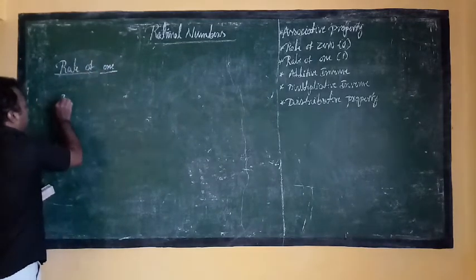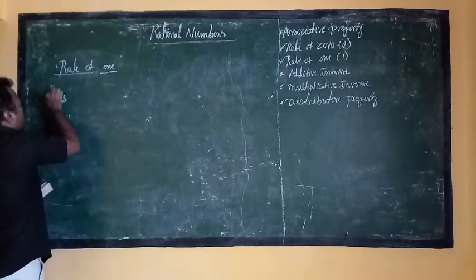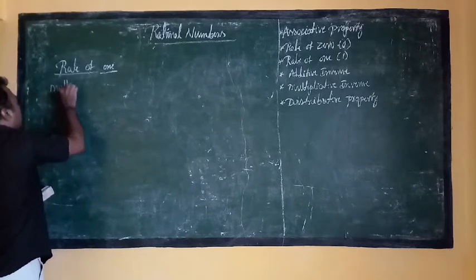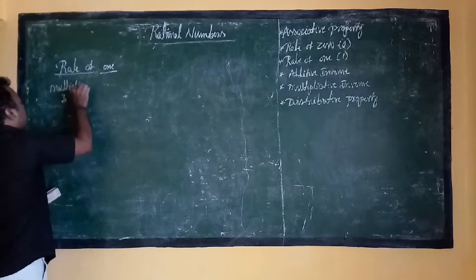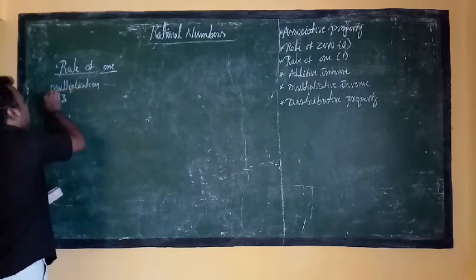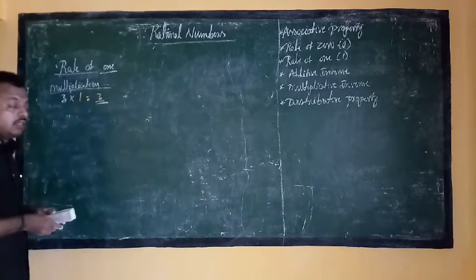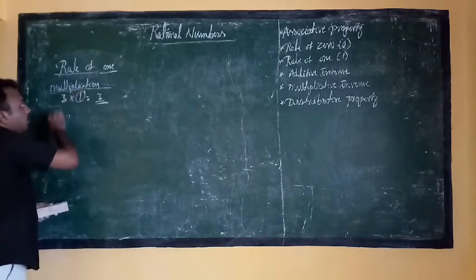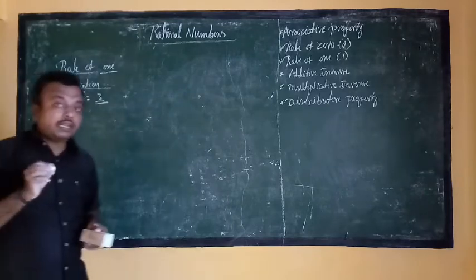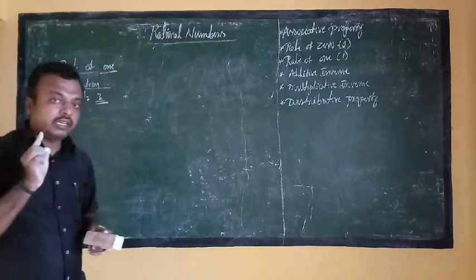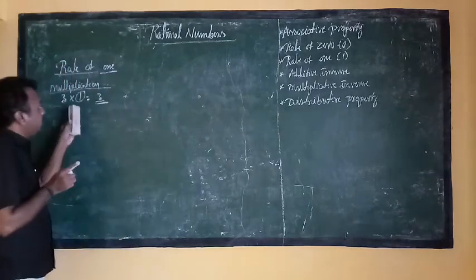See, over the multiplication, 3 into 1, what is the result? 3. Therefore 1 is what? Multiplicative identity. So additive identity is 0, multiplicative identity is 1.